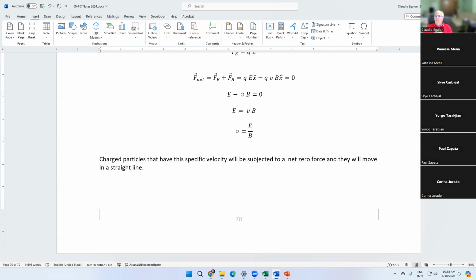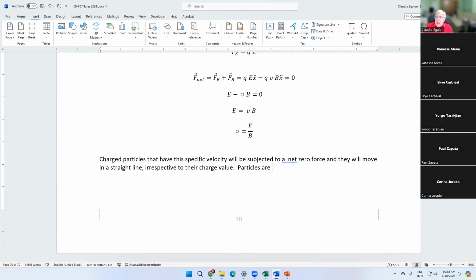So we can use those devices to filter out charged particles, and by the way, irrespective of their charge value. It can be an ion as well as an electron. It doesn't matter what the amount of charge is, provided the velocity is the same. Okay?